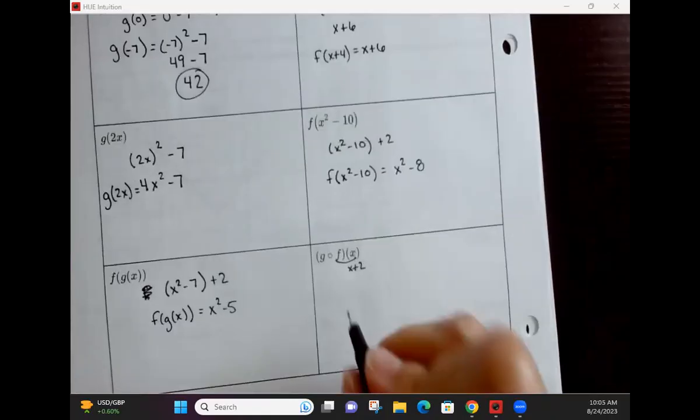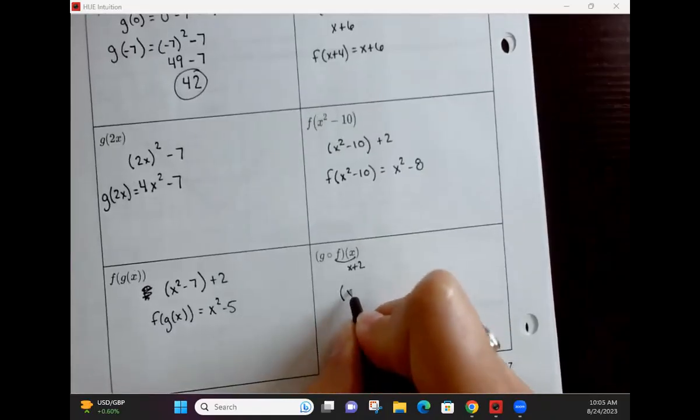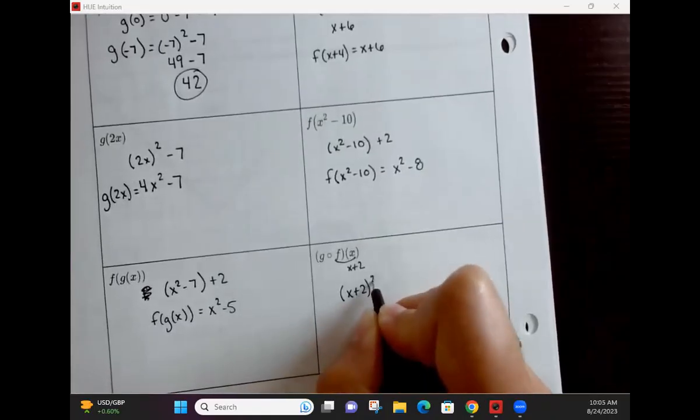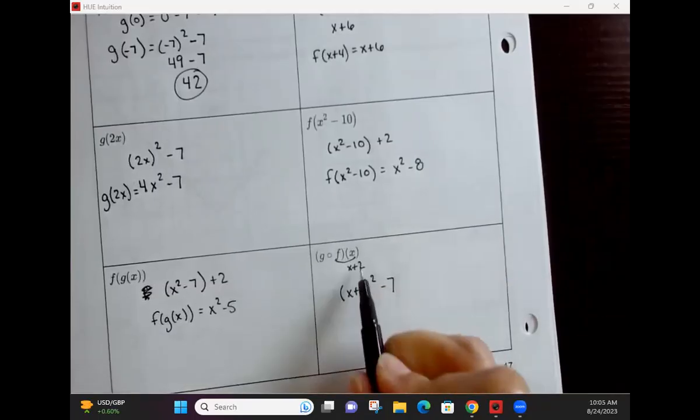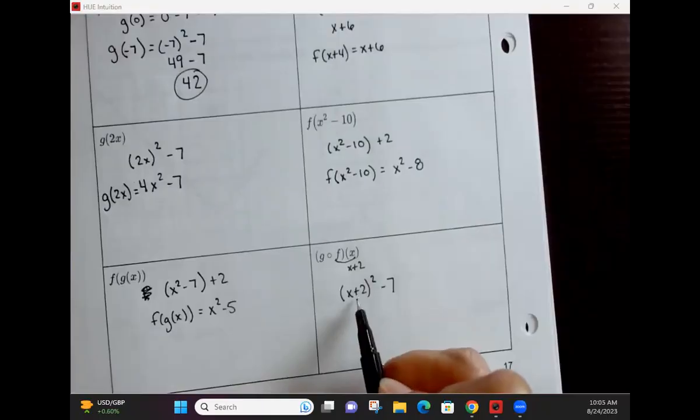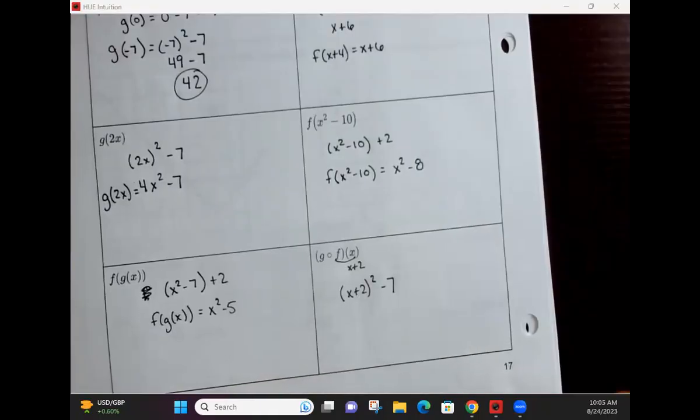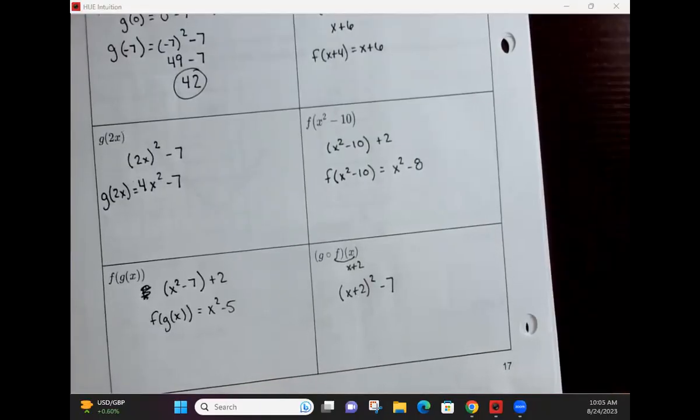So I have x plus 2 squared minus 7. I took what I got from here and plugged it in for x in the other function. Now I'm going to distribute, combine like terms, tidy it up, all that fun stuff.